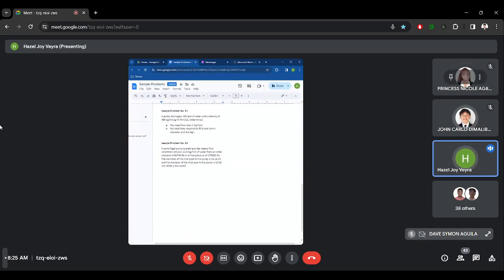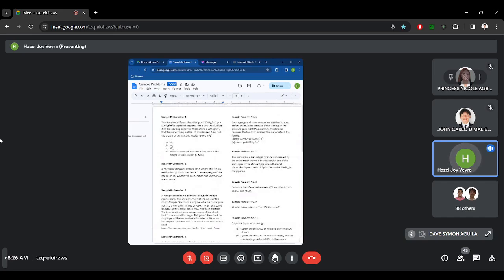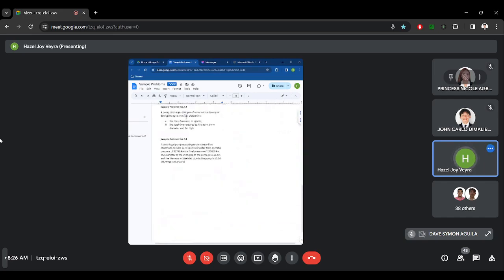Okay, so please solve itong dalawang sample problems. Sa notebook nyo rin, itong sample problem 13 and 14. And then, we'll discuss the solution on our next meeting. And ibibigay ko na rin sa inyo yung copy nito, nandito lahat ng sinolve natin from the start up to this topic. Okay, your assignment is solve sample problems number 13 and 14.